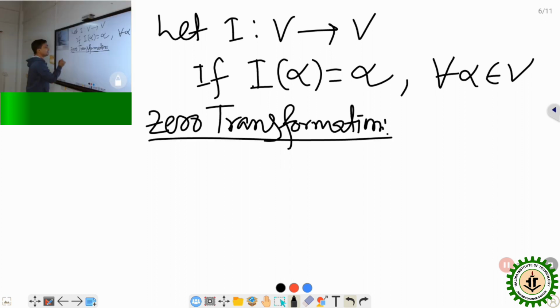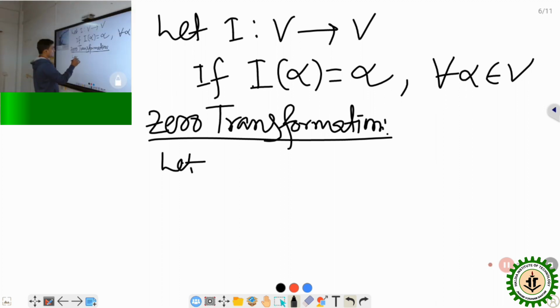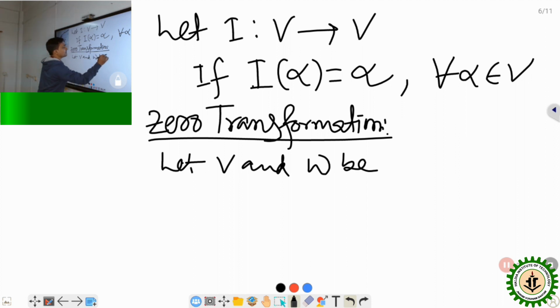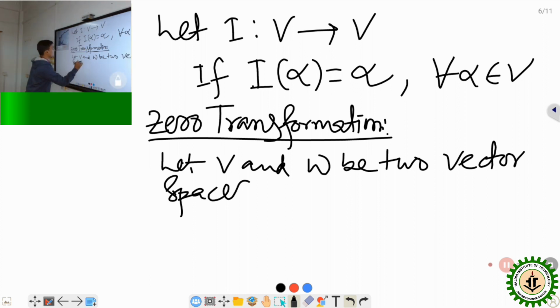Now another transformation is the zero transformation. Now what is this zero transformation? Zero transformation is another type of transformation. So let us consider V and W to be two vector spaces.